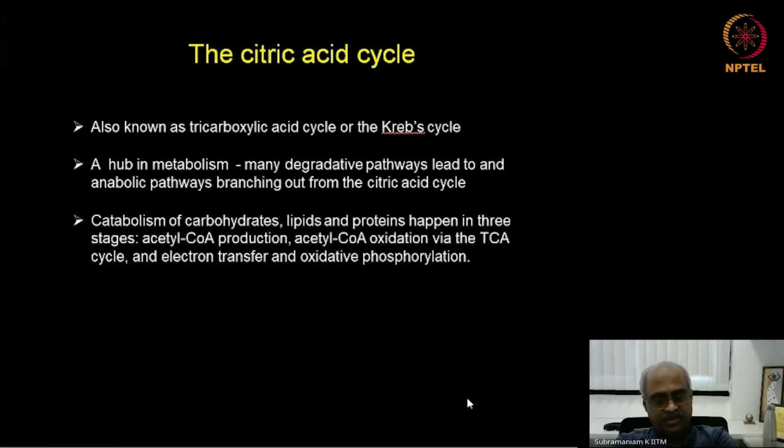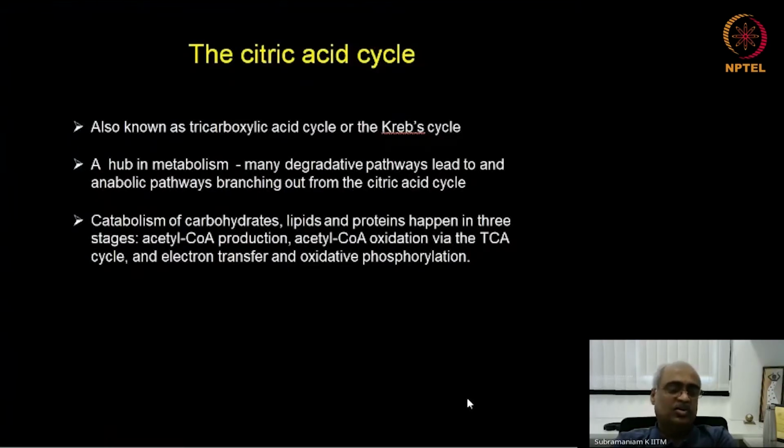That is how pyruvate gets reduced via acetaldehyde, involving a decarboxylation step. In neither of these two is it fully oxidized to carbon dioxide. In the presence of oxygen, it gets oxidized to carbon dioxide. How does that happen? That is where we are going to see the citric acid cycle.